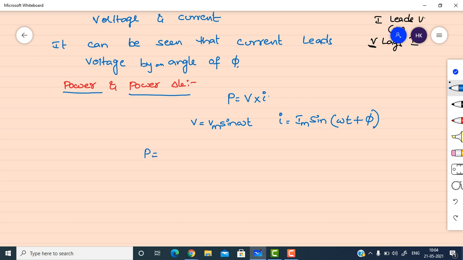Now P is equal to, multiply these two, Vm sin omega t into Im sin omega t plus phi, the same procedure we did in the case of series RL circuit. Multiply and divide with 2.